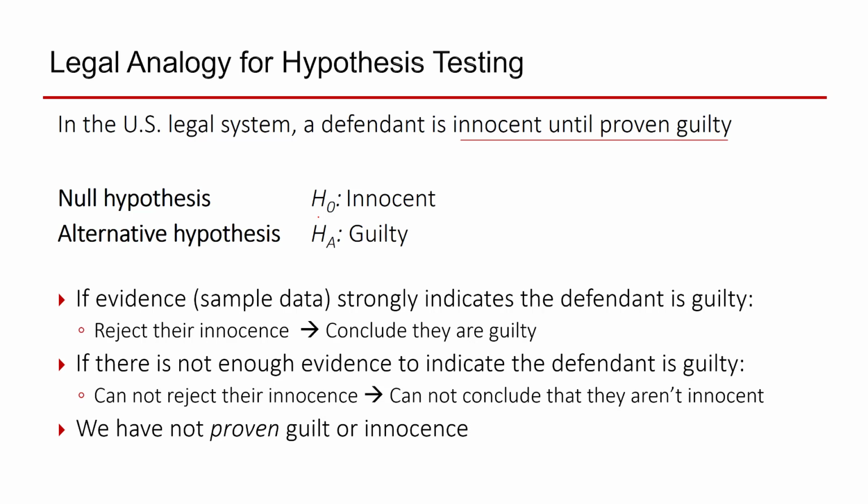Notice that when we do make a conclusion, either guilty, we found evidence for our research hypothesis, our alternative hypothesis, or not guilty, we just didn't find enough evidence for our alternative hypothesis. We don't ever say we are proving guilt or innocence. We don't use the word prove, nothing that strong in hypothesis testing. We're just saying we conclude.